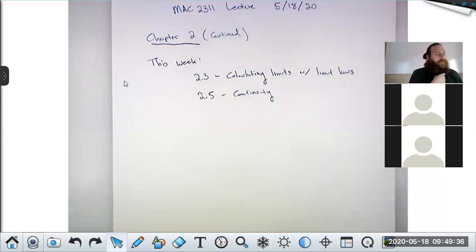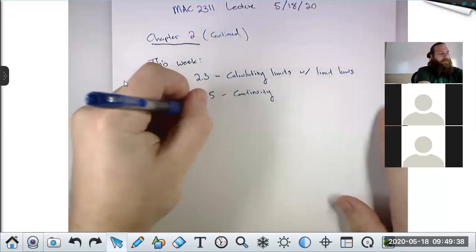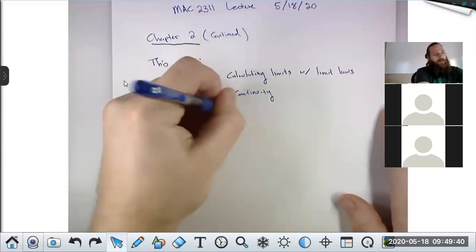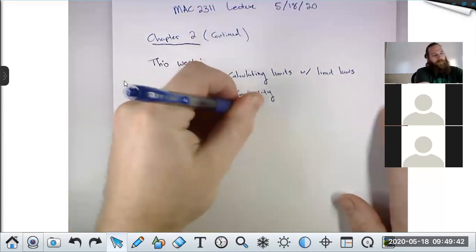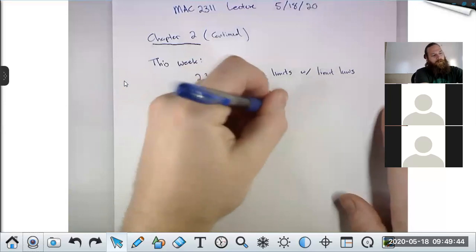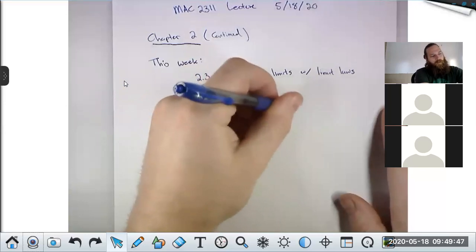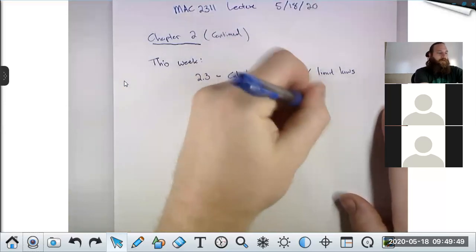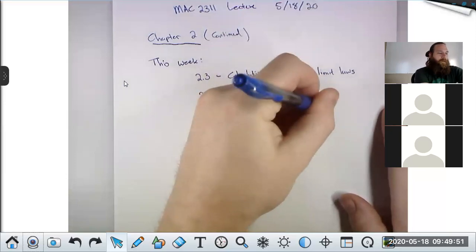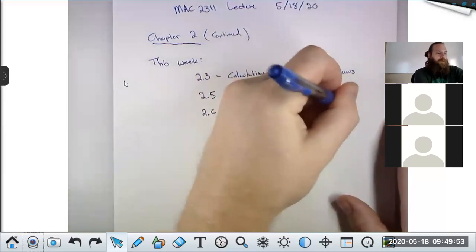And then we're going to talk about section 2.6, which is on limits at infinity. Which turns out to be the same thing as talking about horizontal asymptotes.